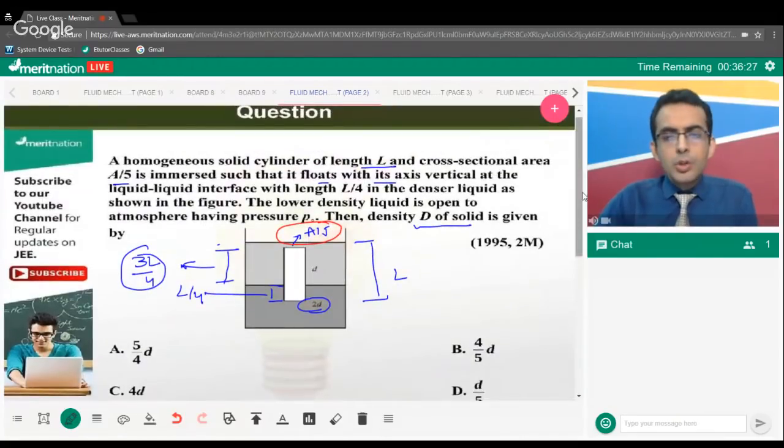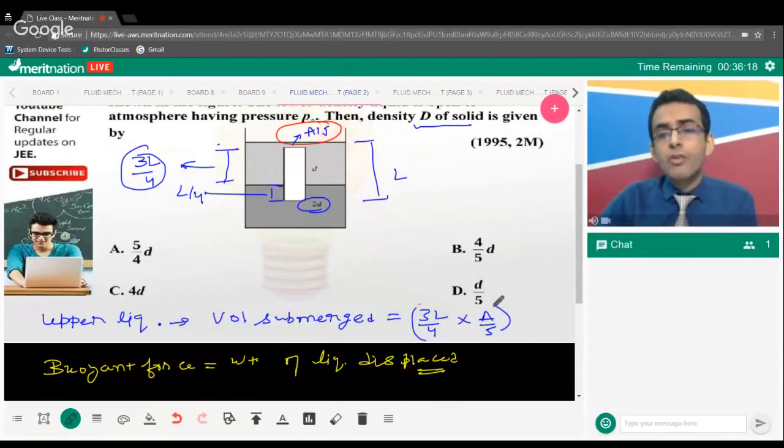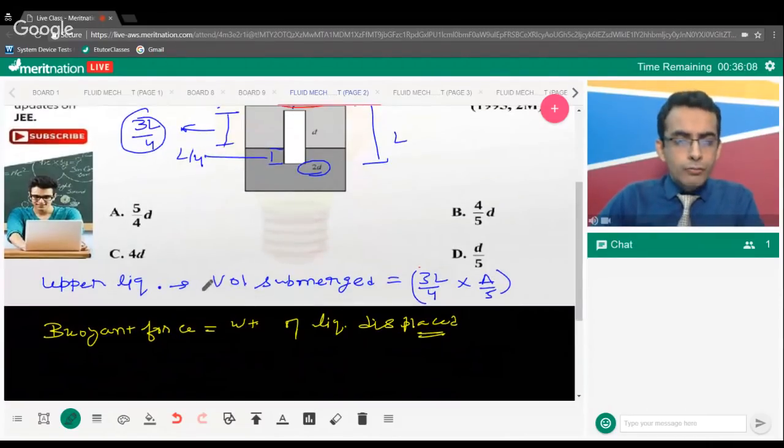The volume of the cylinder submerged is length into area of cross section, and that is equal to the volume of liquid displaced.